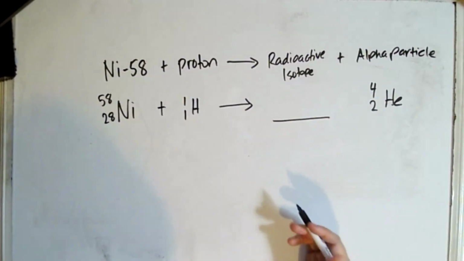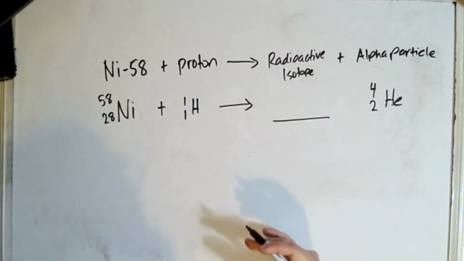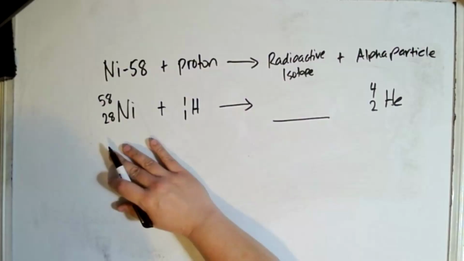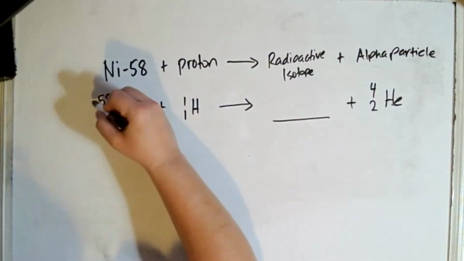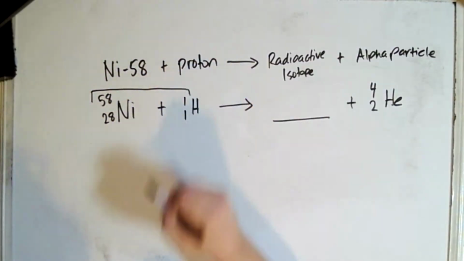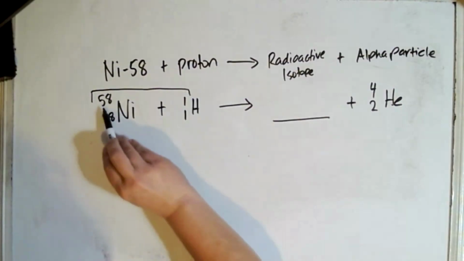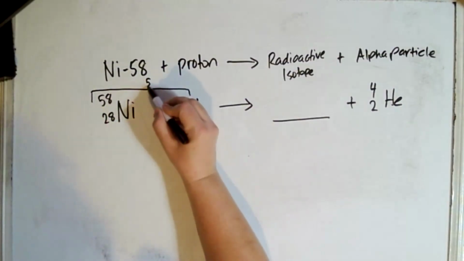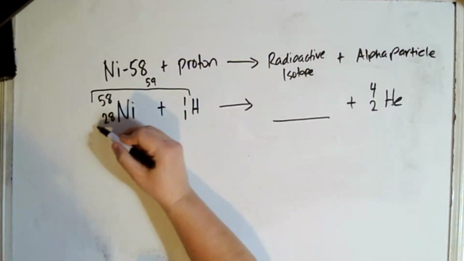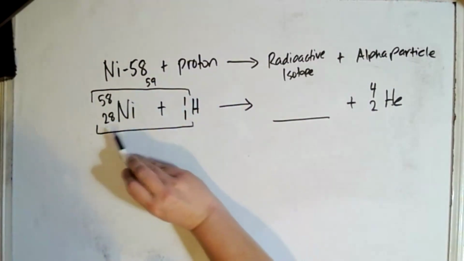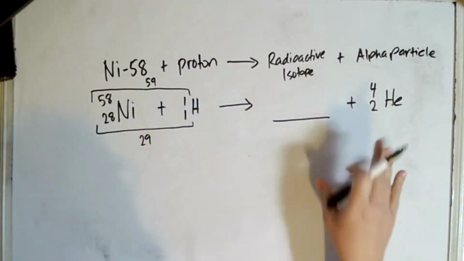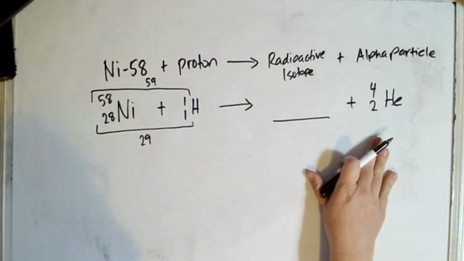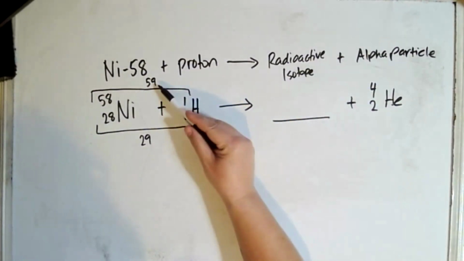We're still working with that same theory from earlier, whatever's on the reactant side has to add up to whatever's on the product side. So if we look at our mass number spots on our reactant side, 58 plus 1, that's 59 total. If we look at the bottom parts, it's 28 and 1, that's 29 total. So now when I come over here to find my missing particle, I know that my mass number has to add up to 59.